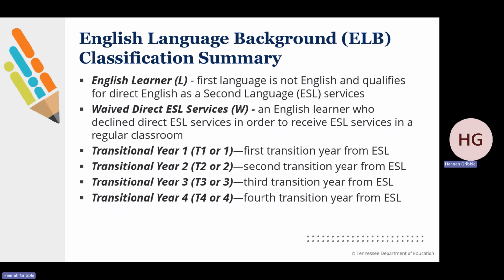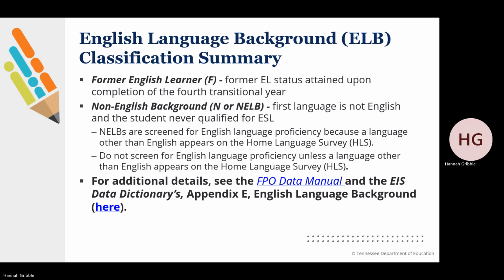Transitional year 4, which is T4 or 4, is the fourth transition year from ESL. Former English learner, or F, means former EL status attained upon completion of the fourth transitional year.